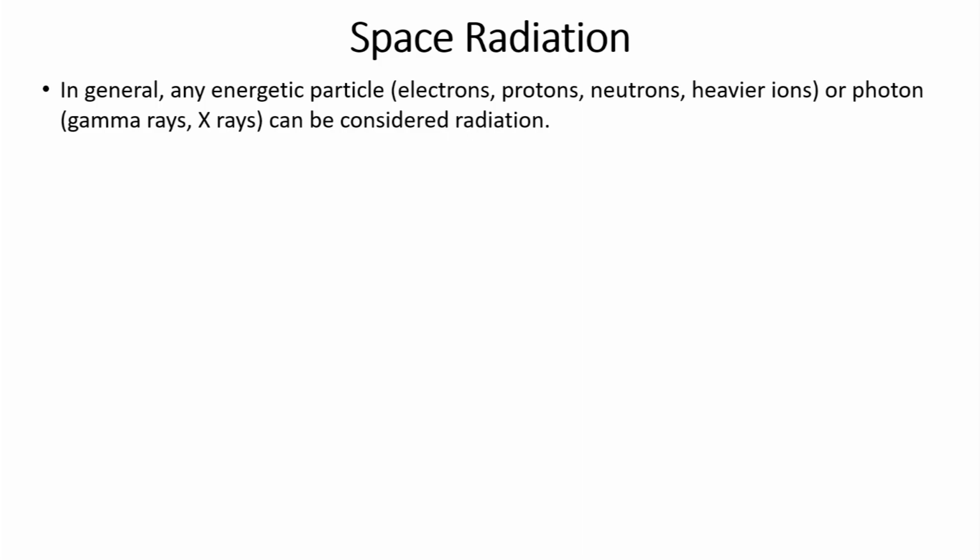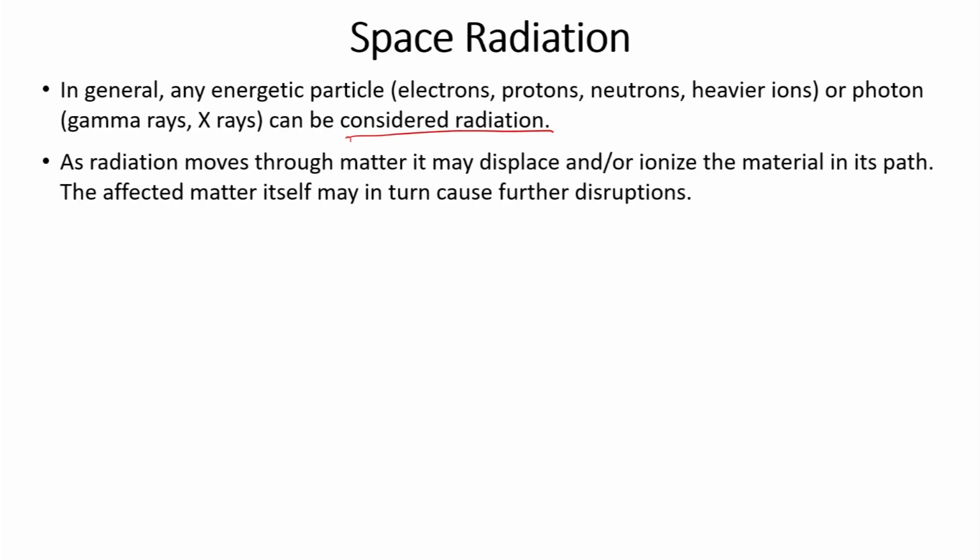So, gamma rays and X-rays can also be considered as radiation. This radiation can move through matter, and by that it may displace or ionize the material in its path, as I just told. When it does that, the affected part can be a device or a subsystem.